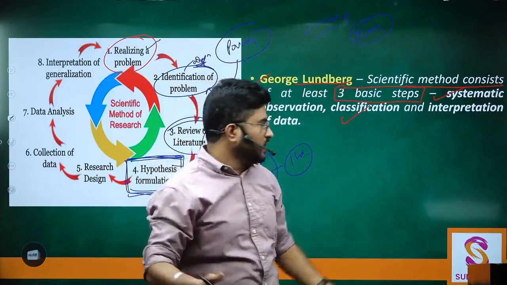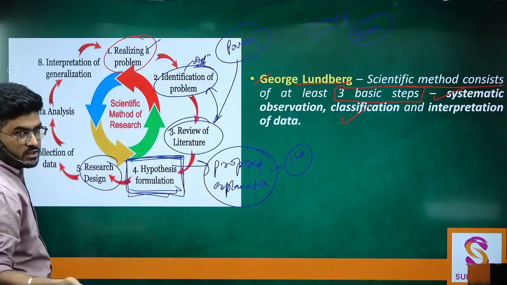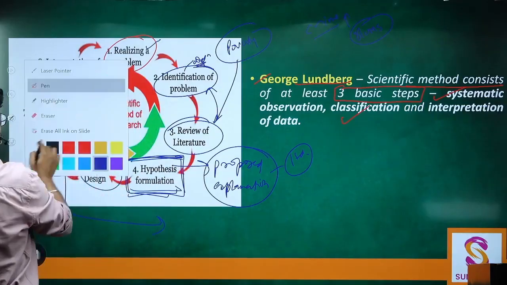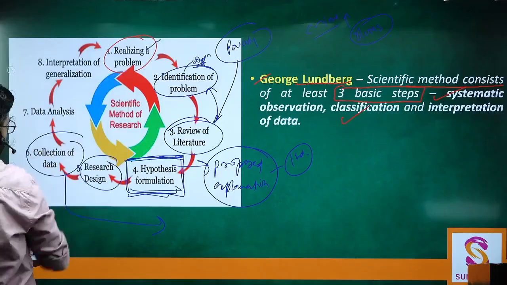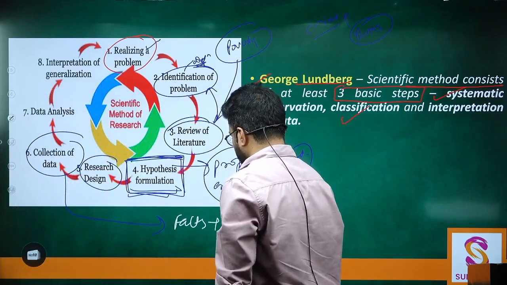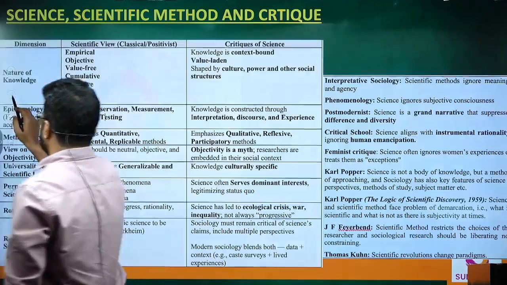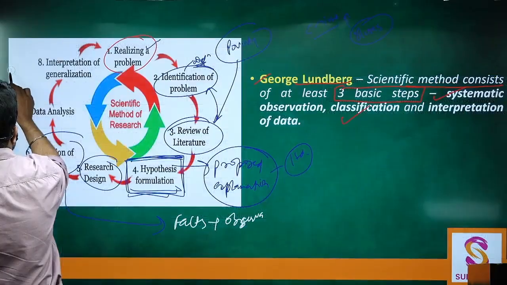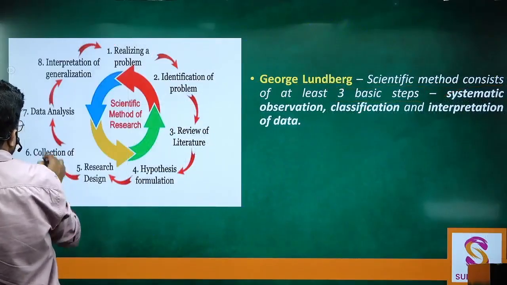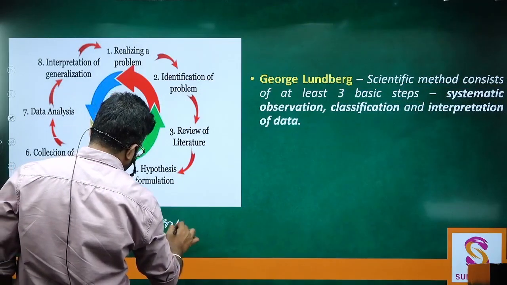Then on the basis of it we will make a research design, deciding what kind of research method we have to use. Then we start collection of data. We will start with facts and observation, basically facts and experimentation.